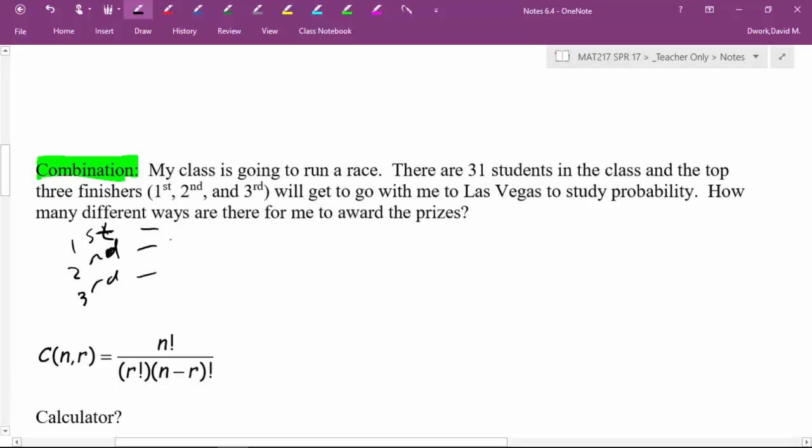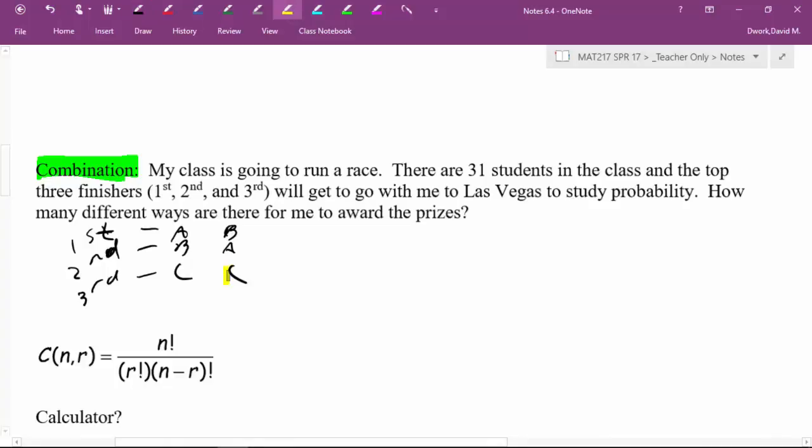Now, if student A, student B, student C get first, second, and third, or if they got B, then A, then C, in that order, do they care that they came in first, second, or third? Are you really sprinting your hardest knowing that you're going to get second place and not first place? Well, no, you don't care, because it doesn't matter what place you came in, you get to go to Vegas.